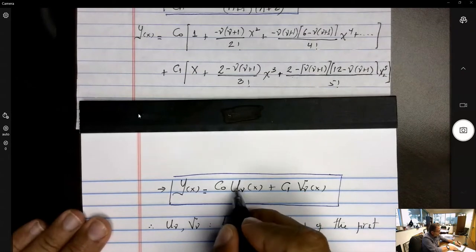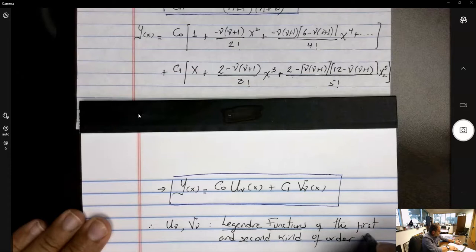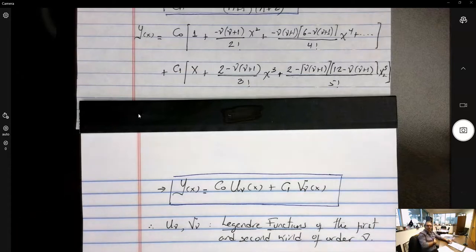So u is the Legendre function of the first kind, v is the Legendre function of the second kind, of order nu. There's an order to these functions, and it's called the order nu.